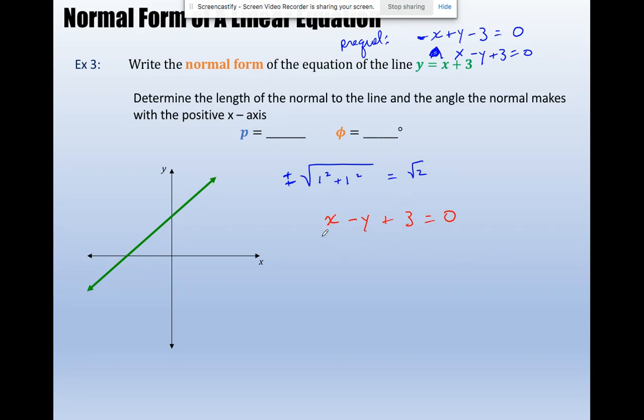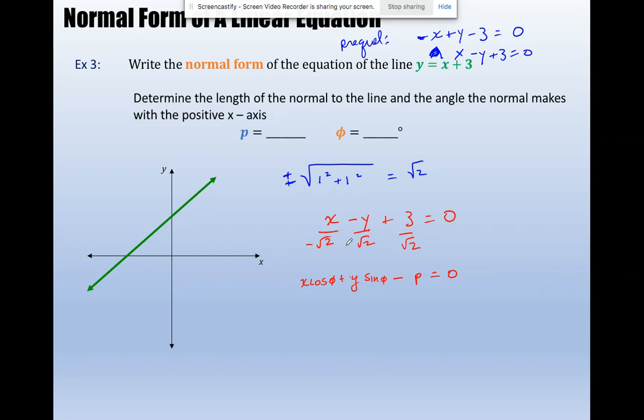So if I divide everybody through by positive root 2, what happens? I need this value. Remember my form of the normal. So this is really a double negative. I can't have that.